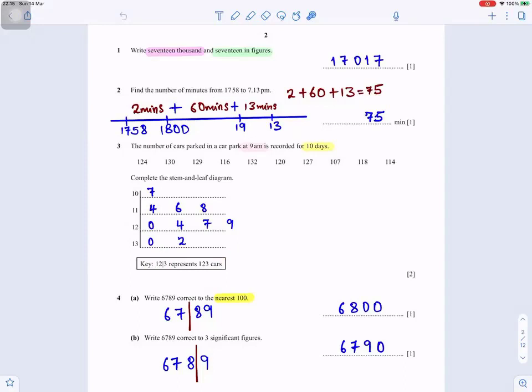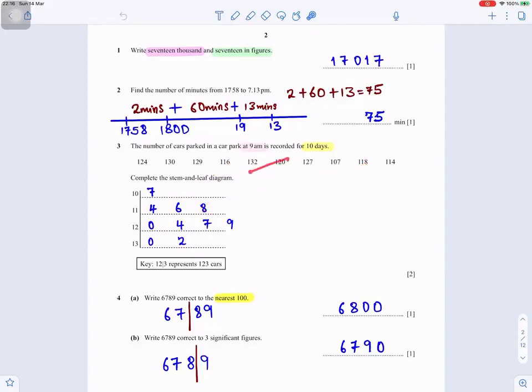So you look at the data, the smallest number, 10, 7. That represents 107. 11, 4. That represents 114. And the next one, 116. And the next one, 118.